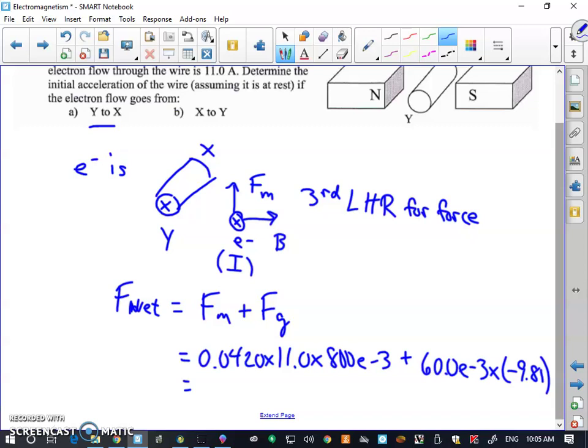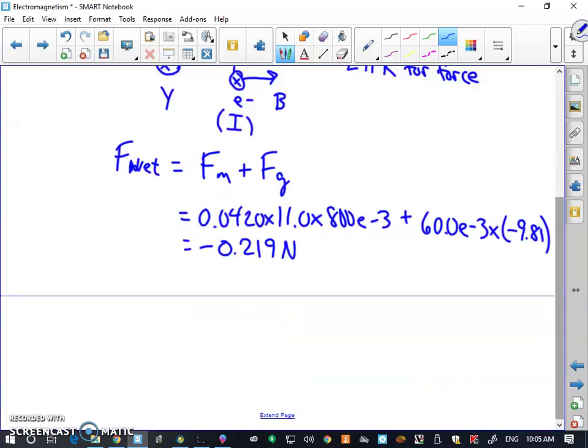All right, let's get the calculation done. I get this number, negative 0.219 newtons. And so it's obviously 2.19 times 10 to the negative 1 newtons down. Now we know that the net force is equal to the mass times the acceleration.